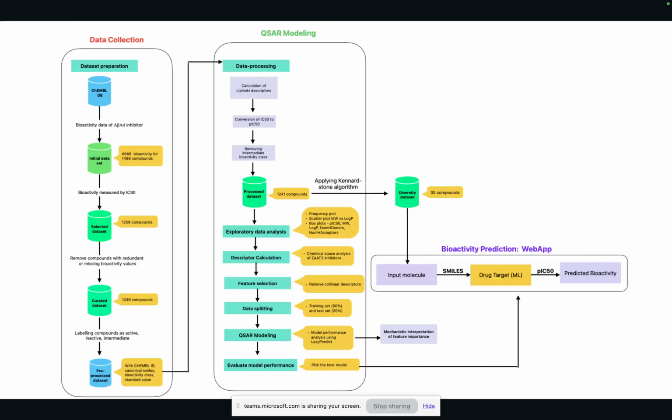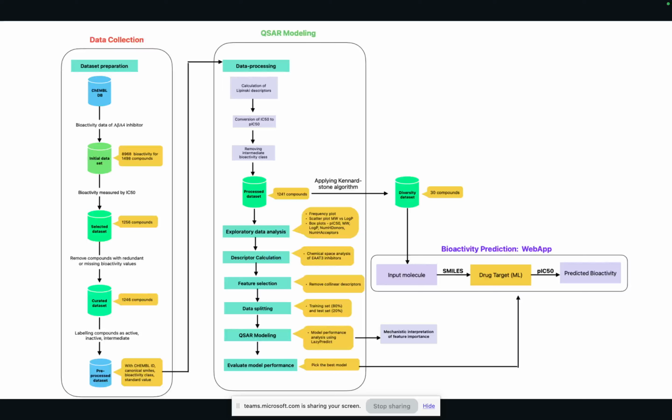Then we did some pre-processing where we calculated Lipinski descriptors. Lipinski descriptors basically determine the drug-likeness of a compound. Molecular weight, number of hydrogen donors and acceptors, and logP values are very important features. We calculated those descriptors for all these 1,246 compounds, and then for easy conversion from IC50, we converted those values into pIC50 values and removed the intermediate bioactivity class.